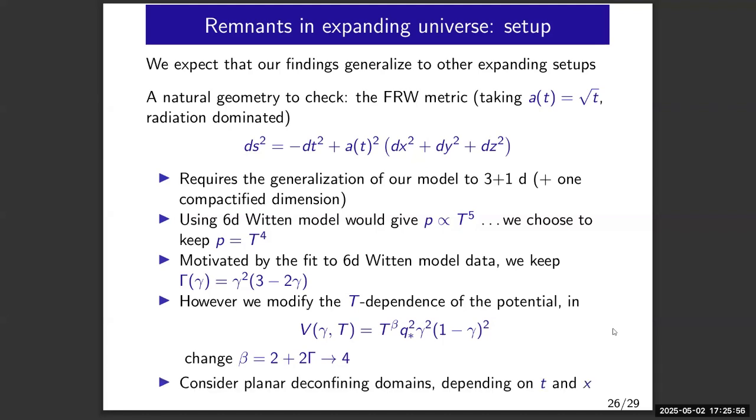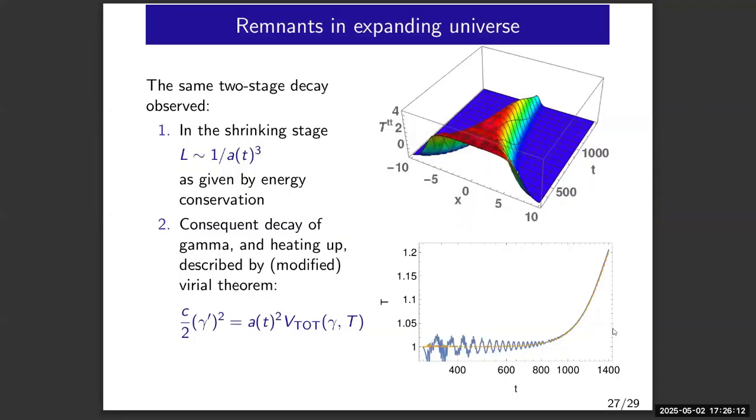And then we apply, so again, we consider just planar deconfined domains. So we only consider configurations which depend on the time and one of the spatial coordinates. And then we just repeat the same study.